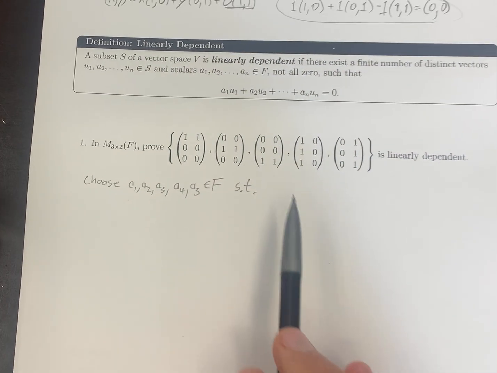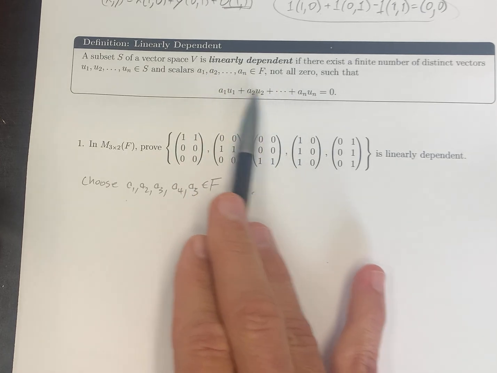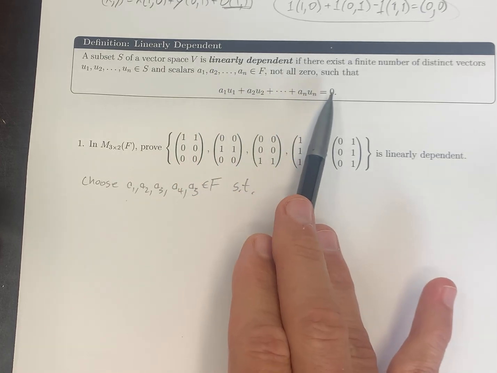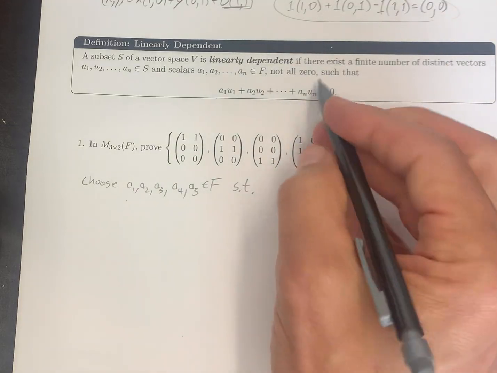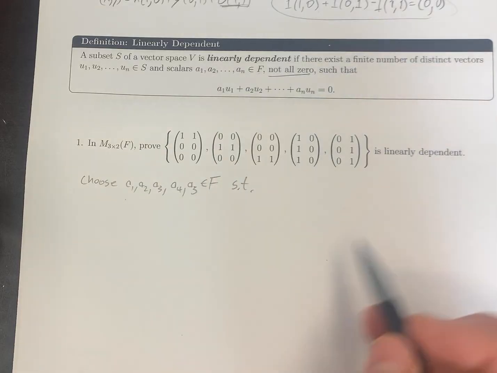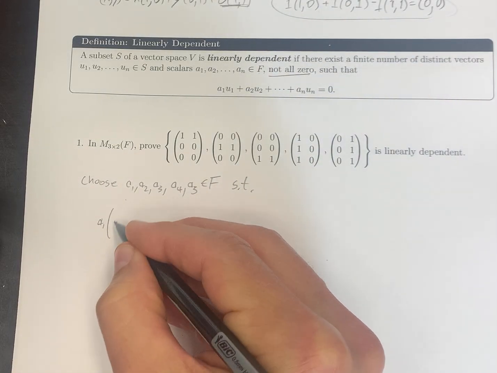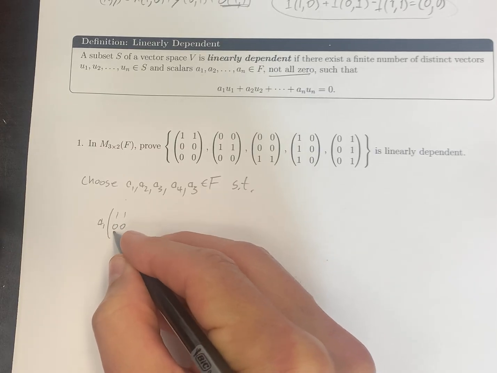Now, just to be clear, there's always one solution here: the solution 0, 0, 0, 0, 0 gives 0. Maybe the most pivotal words here are, can I come up with a solution that isn't all 0 that will equal a 0 vector?